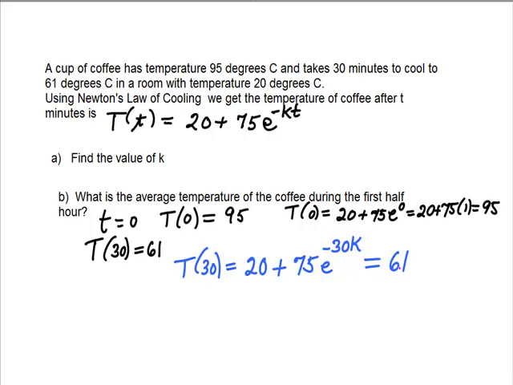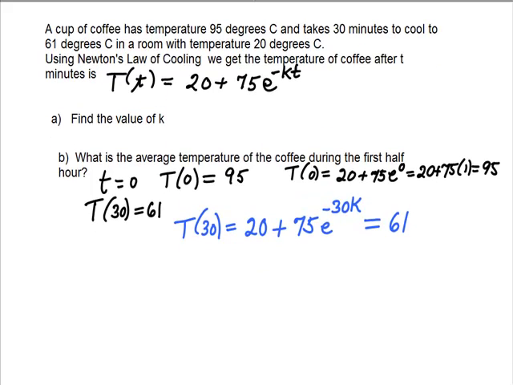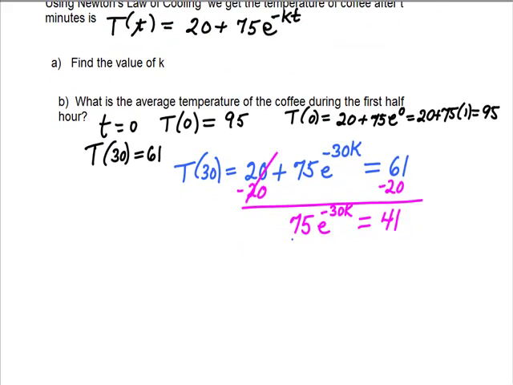So first we are going to subtract 20 from both sides, and we get 75 e to the negative 30k equals 61 minus 20 is 41. So now we're going to divide both sides by 75, and we get that e to the negative 30k is 41 over 75.